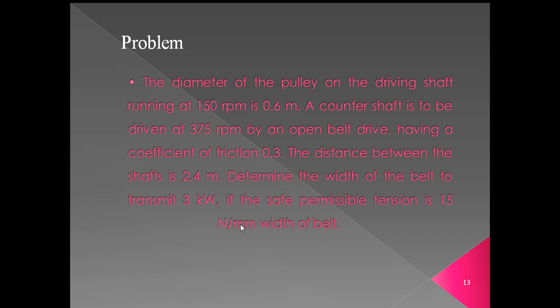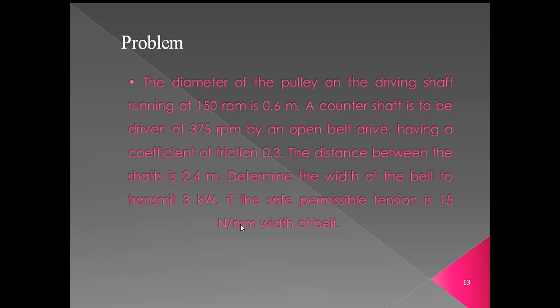So first we'll see the given data. Diameter of the pulley is 0.6 meters and speed of the pulley is 150 rpm. That is for the driving shaft. For the driven shaft, N1 is 150 rpm and N2 is 375 rpm.